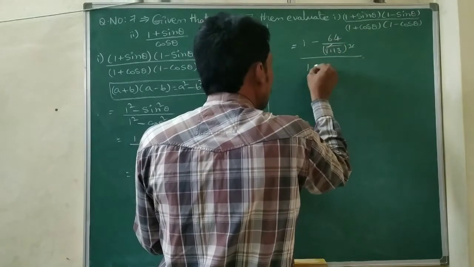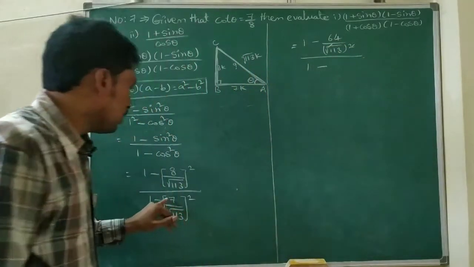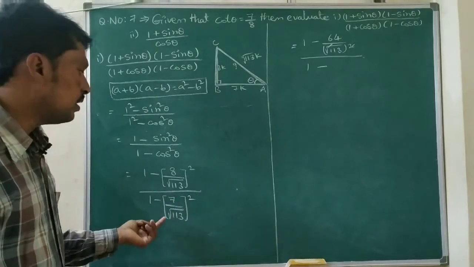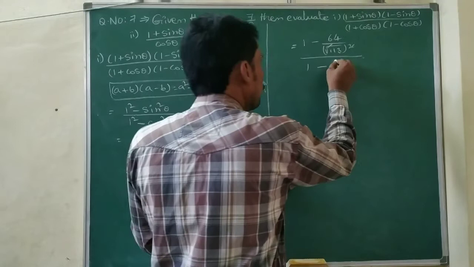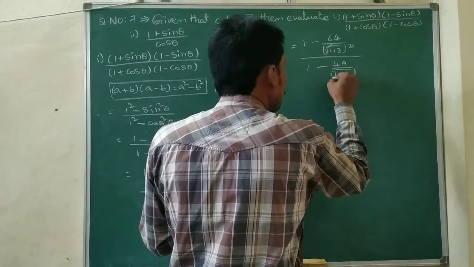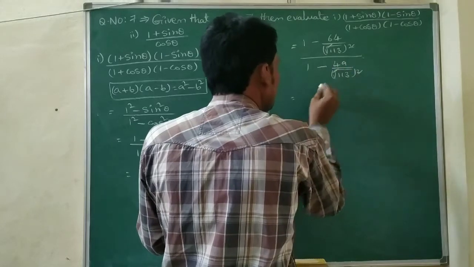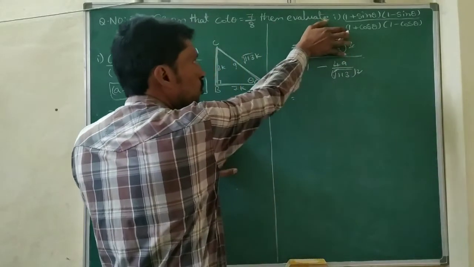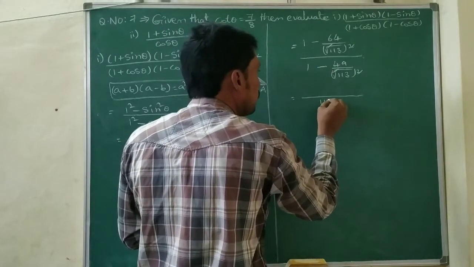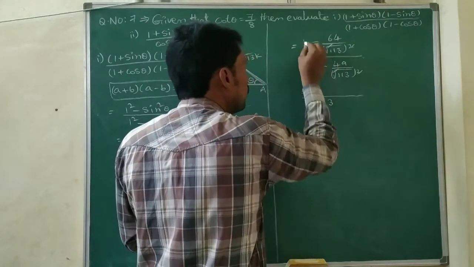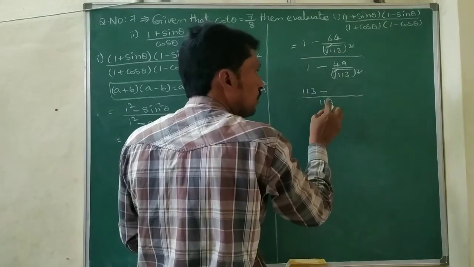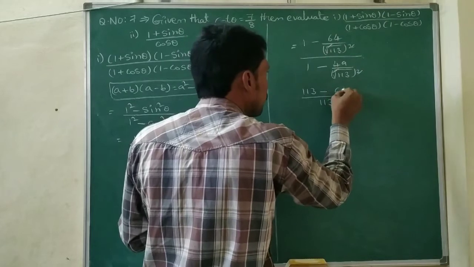Whole by 1 minus, here also (7 by under root 113) whole square means 7 square by 7 square, that value is 49 by (under root 113) whole square. Square root gets cancelled. That equals, up to only numerator, you can take the LCM. LCM is 113. So 1 into 113, 113 minus 113 gets cancelled, means 64 is remained.